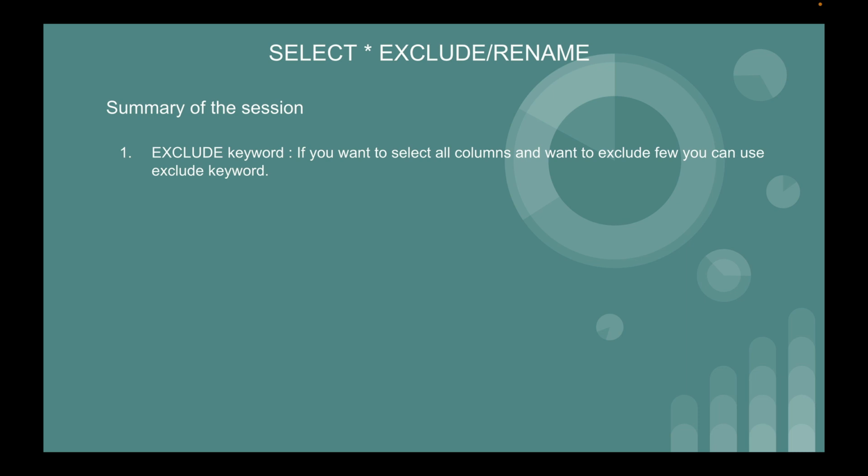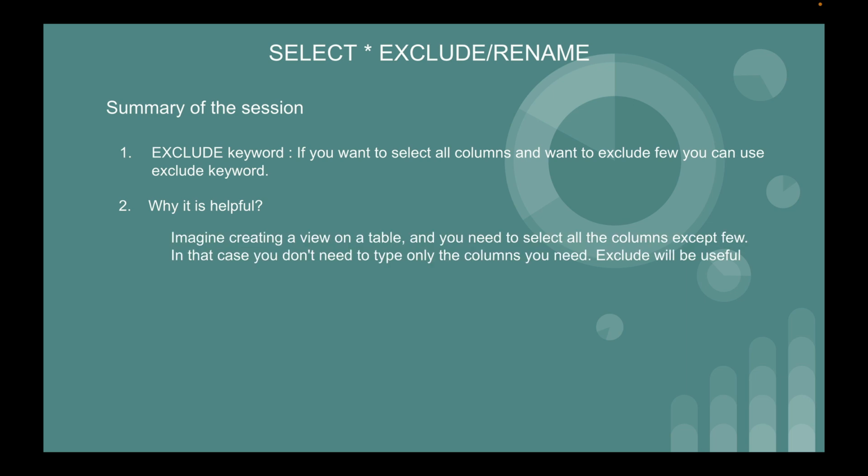So what is an exclude keyword? For example, if you want to select all the columns and want to exclude a few, you can use the exclude keyword. Why is it required? Imagine that you are creating a view on a table, and in that view you want to use almost all the fields.